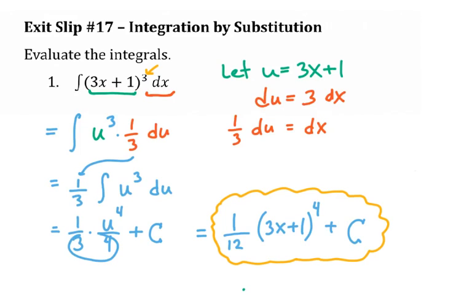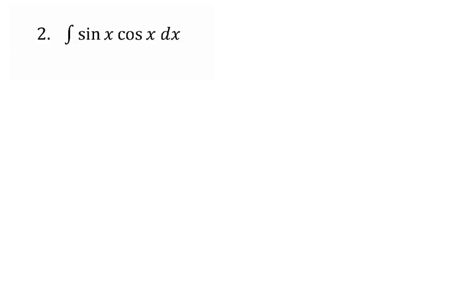We'll look at the second problem, which throws us a little bit of trigonometry. The integral of sine cosine is a great example because you can't really go wrong with your choice of u. Looking at this problem, of course, we know that the derivative of sine is cosine. We know that the derivative of cosine is negative sine.